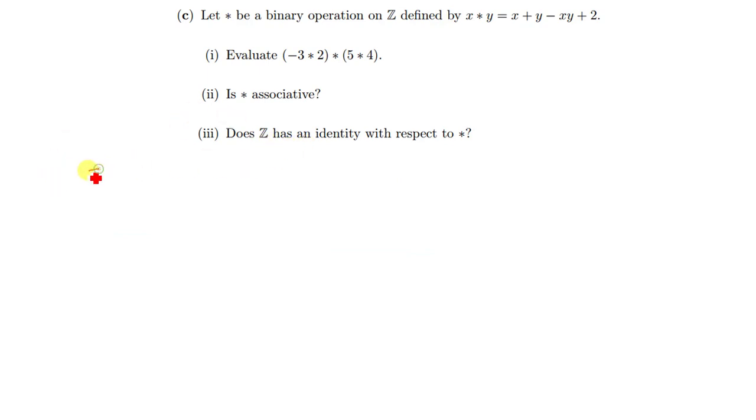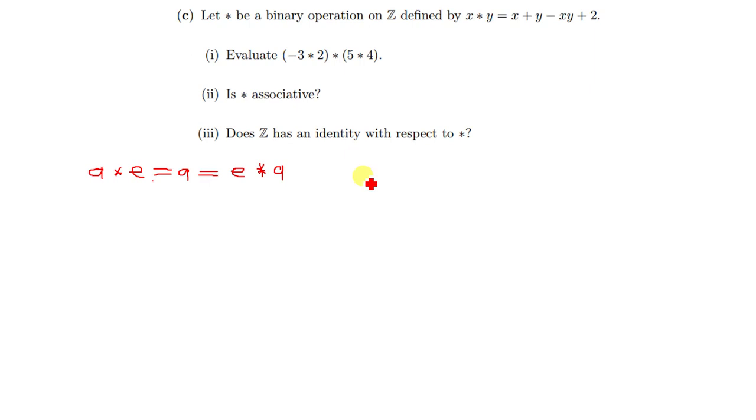So for identity, what you need to know is that A star E, where this E is simply an identity, should give you A, and at the same time this A is also equal to E star A. So this is what we normally do when you're solving for identities, or if you have been told to find an identity.